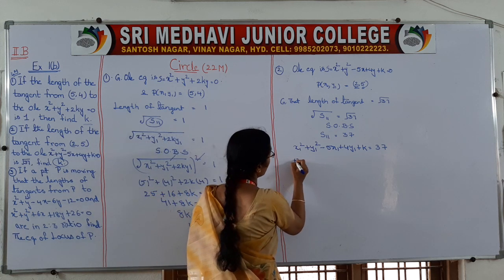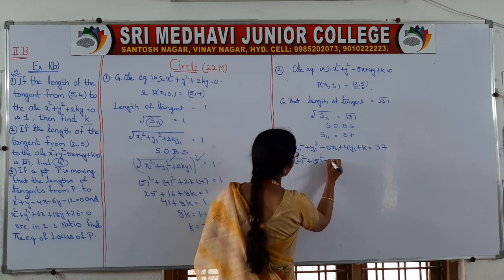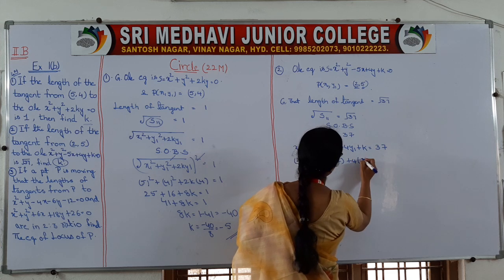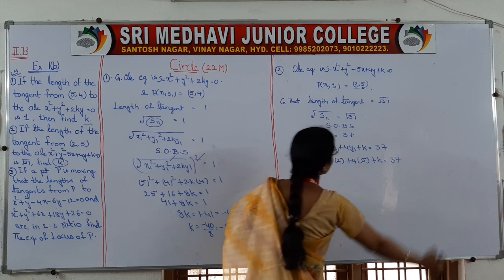So substitute: it is 2 square plus 5 square minus 5 into 2 plus 4 into 5 plus k is equal to 37.